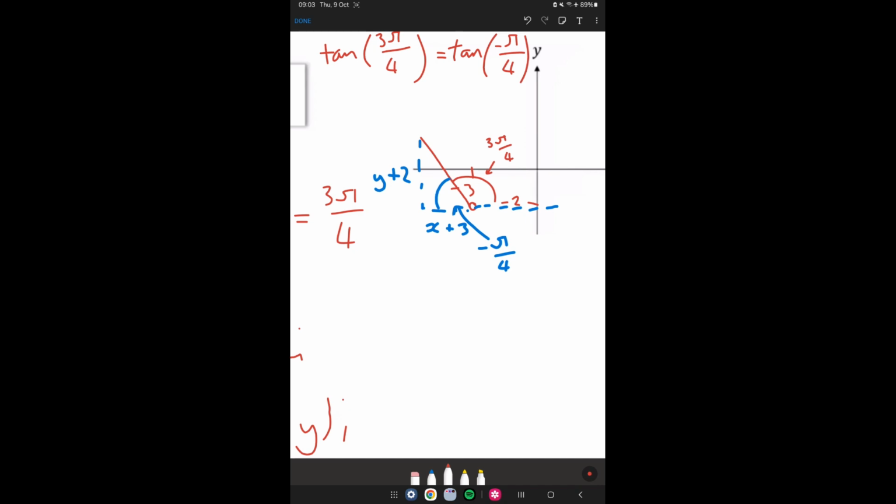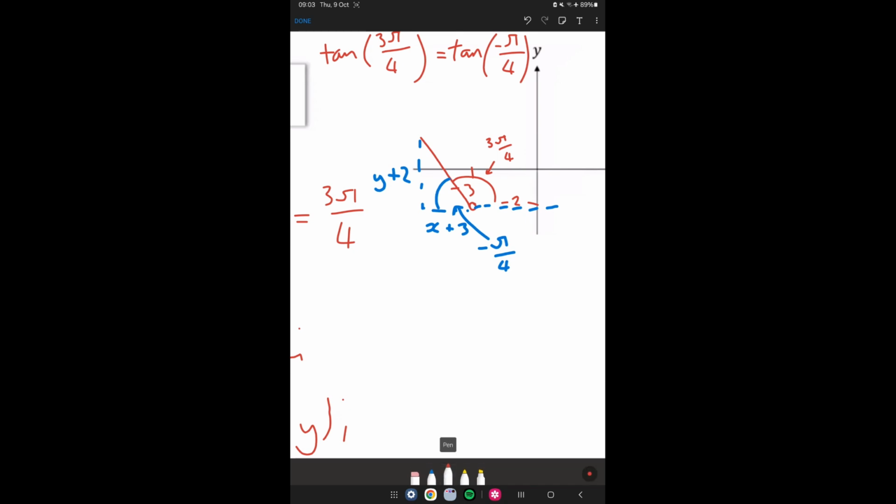When the angle is obtuse, it's the negative version of the acute angle, and vice versa. So we can use that to help us, or you can just use 3 pi over 4 if you want to. It doesn't really matter. They'll get you the same thing regardless. You can try that out.